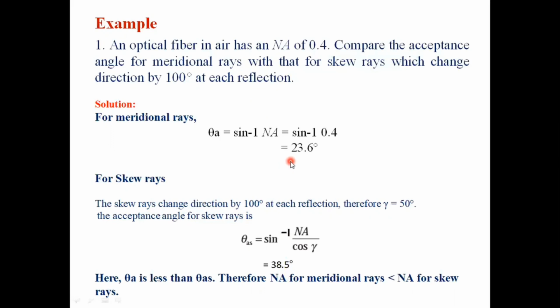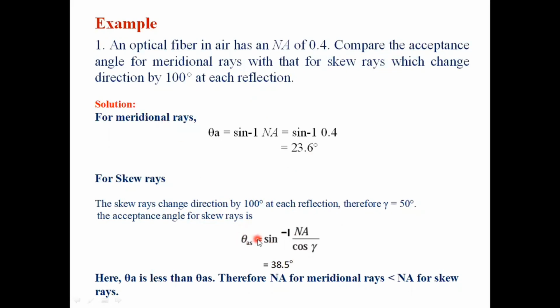See, the acceptance angle for meridional rays and the acceptance angle for skew rays: based on the concept, the skew rays' acceptance angle is much higher than the meridional rays' acceptance angle. If the acceptance angle is greater for skew rays, of course, the numerical aperture also increases. That's the conclusion from meridional rays and skew rays.